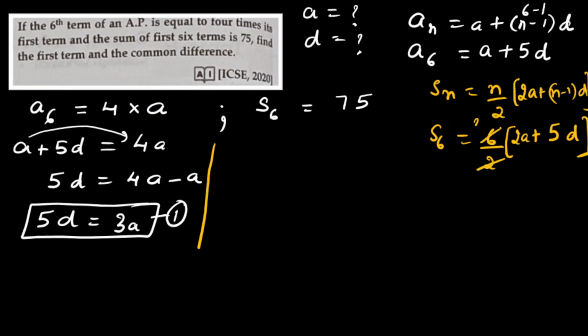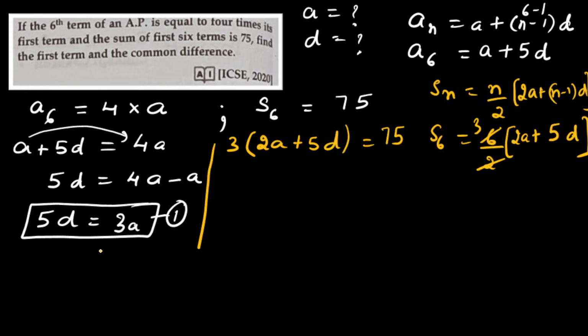Here we can cancel, so this will become 3 into 2a plus 5d. I have just expanded the formula of S6. So 3 into 2a plus 5d is equal to 75.